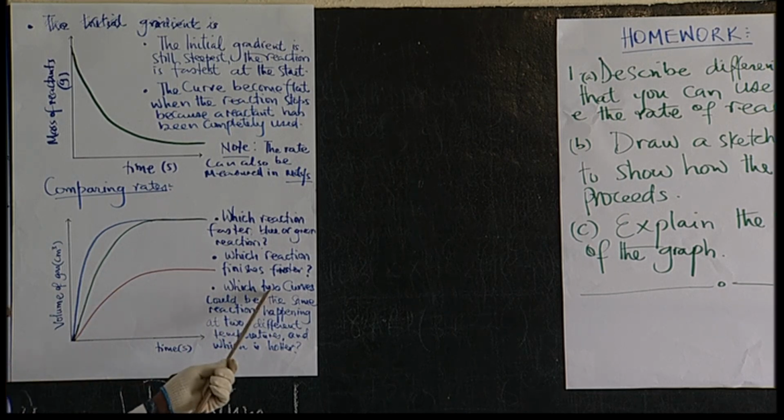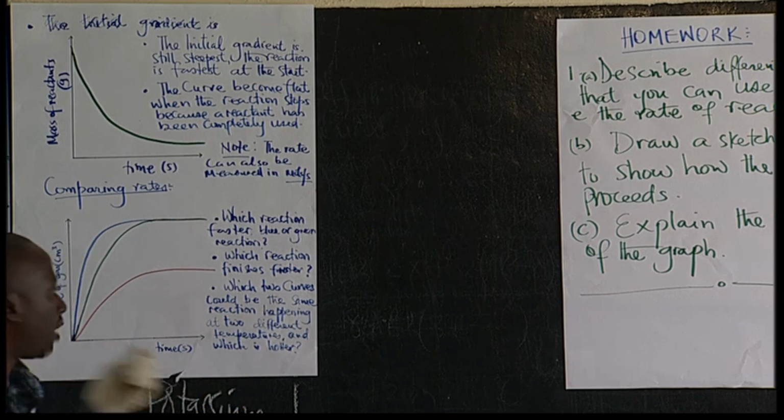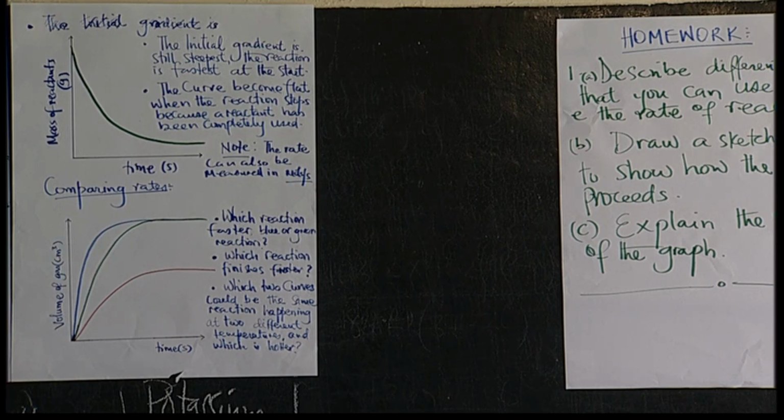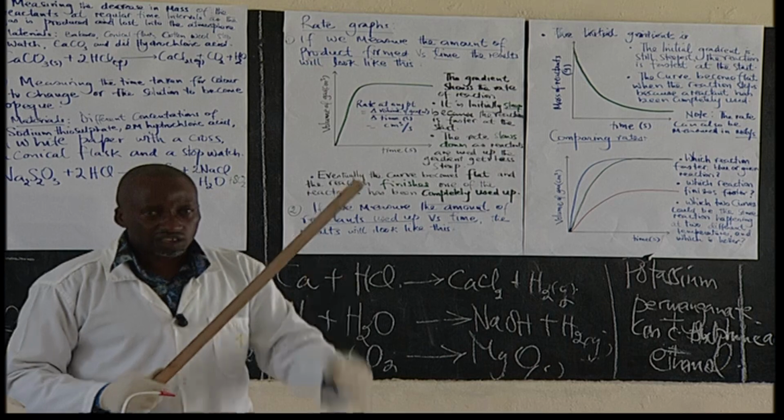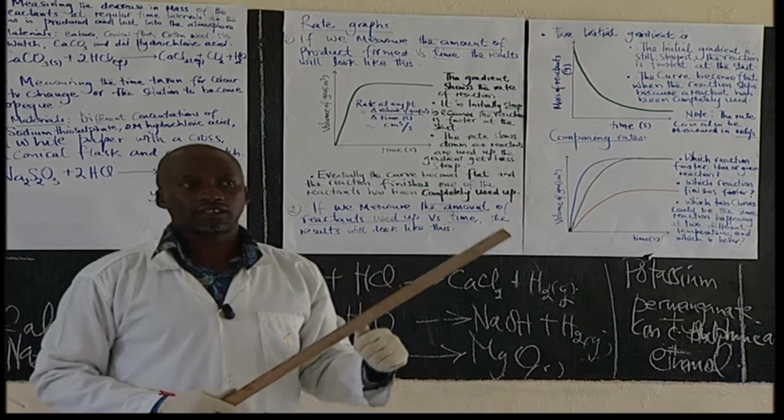Which two curves could be the same reaction happening? I think I've talked about this before: these two are the same reaction, but occurring at different temperatures. Different temperature means either low temperature or higher temperature.